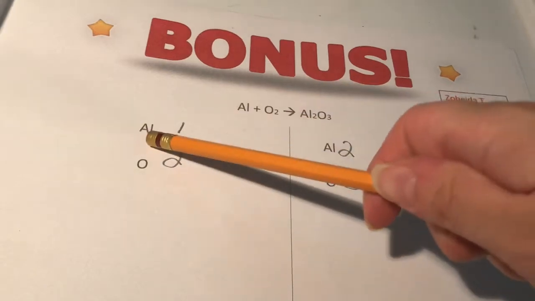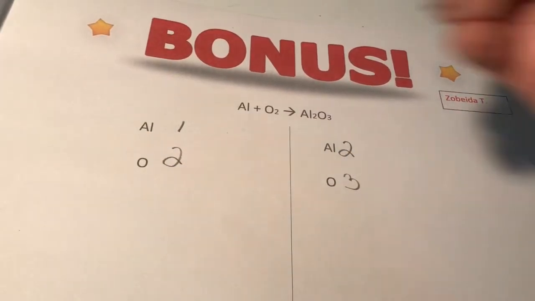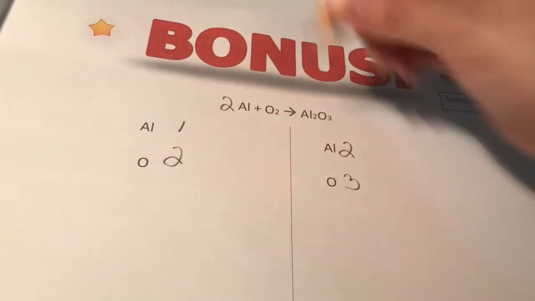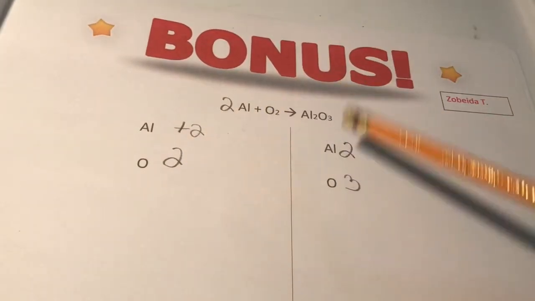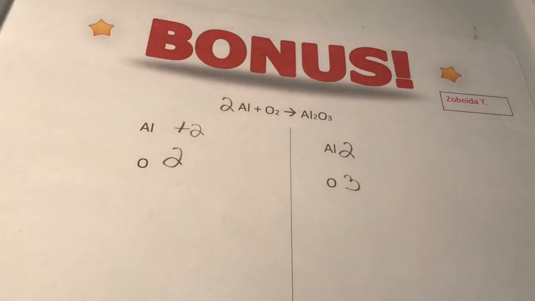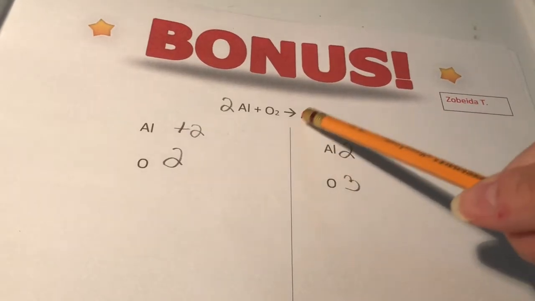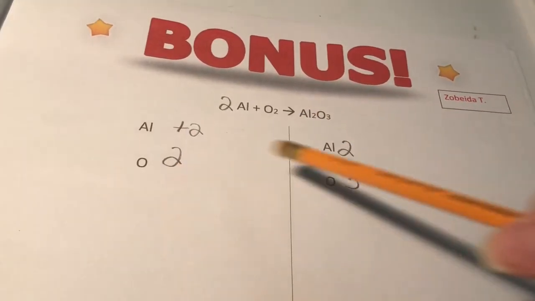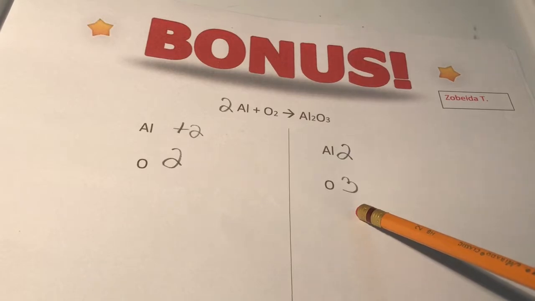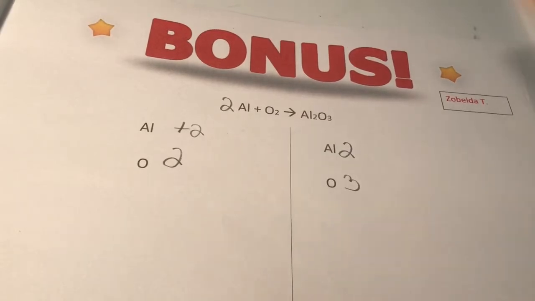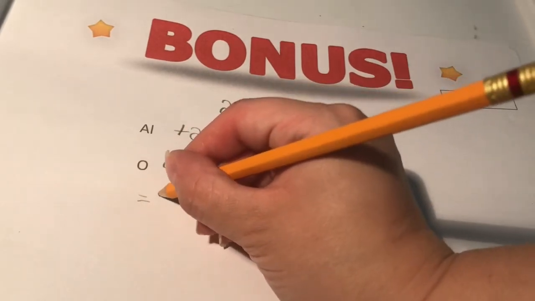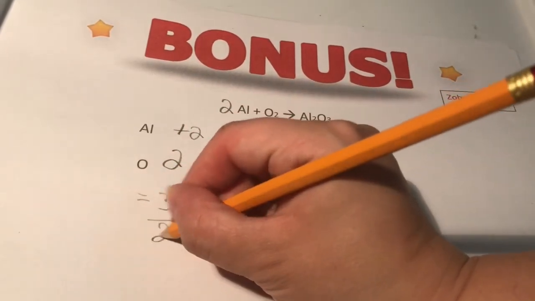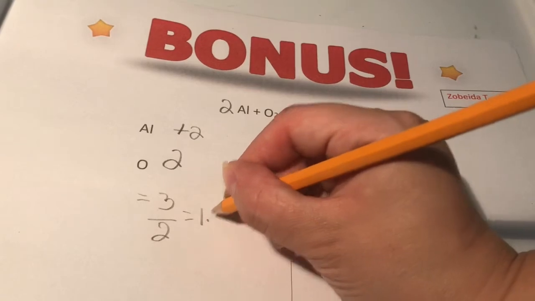Now, when balancing, this is easy. I see that 1 times 2 obviously is 2, so the coefficient is 2. But now I have 2 oxygens on one side and 3 on the other. What can I multiply 2 by to get 3? In this case, we would just divide 3 by 2, and that gives me 1.5.